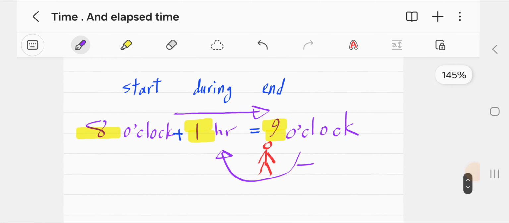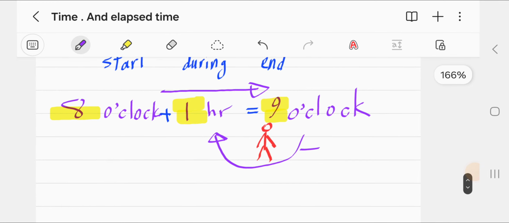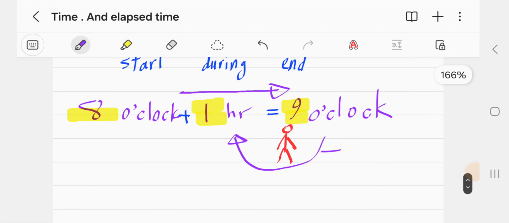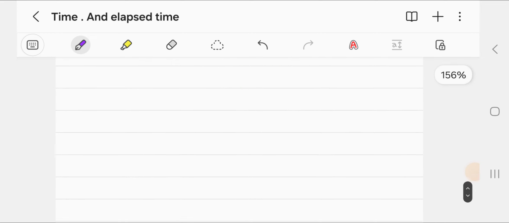The same things. We will take elapsed time on starting and during and end, but by hour and minute. هناخده بالhour والminute. Let's take another exercise.